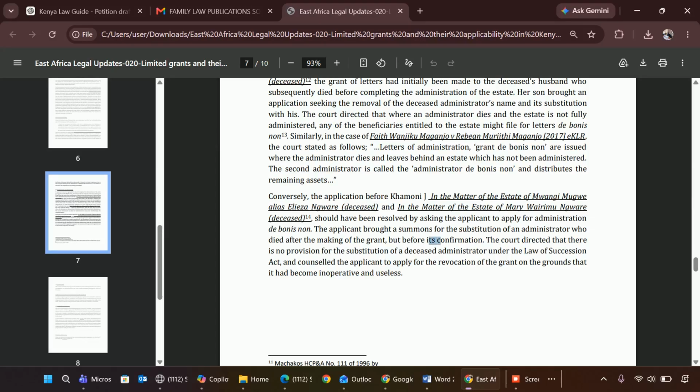But if it's after confirmation, you go by de bonis non to administer the remainder.